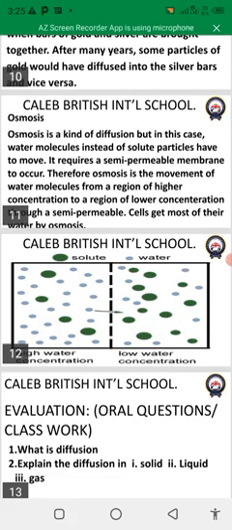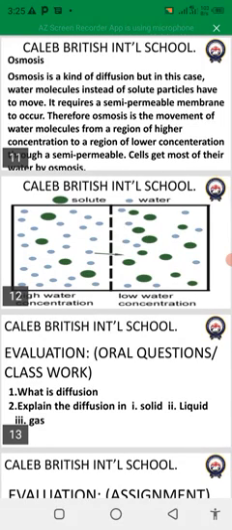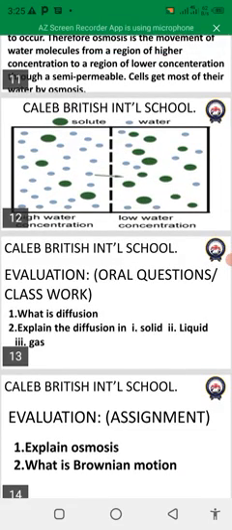Therefore, osmosis is the movement of water molecules from a region of higher concentration to a region of lower concentration through a semi-permeable membrane. Cells get most of their water by osmosis. So those are the three phenomena that support kinetic theory.